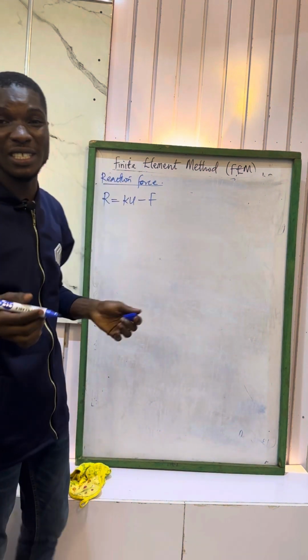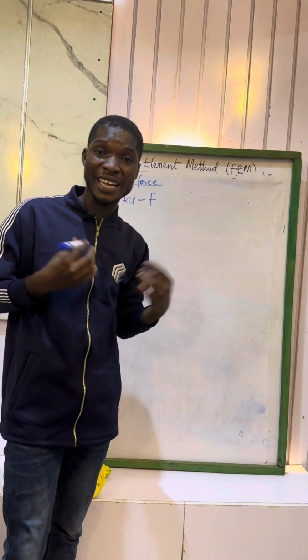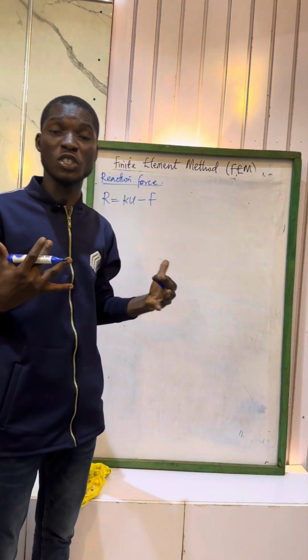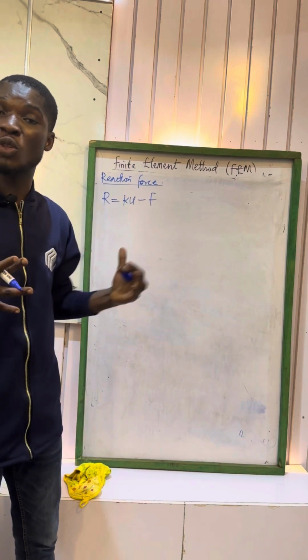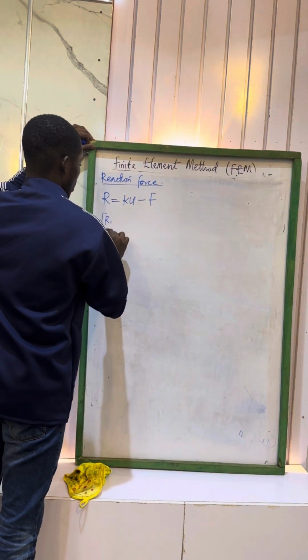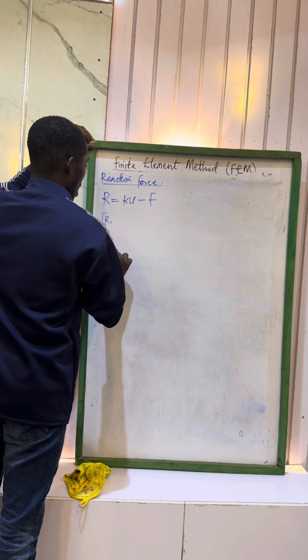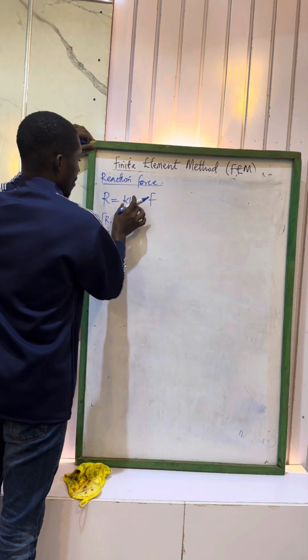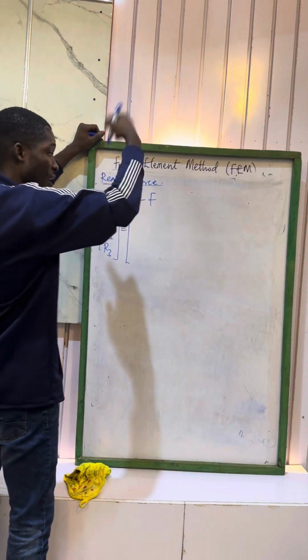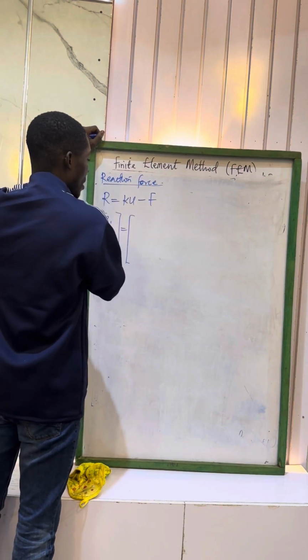You know, when you talk about force, force is a vector. It is not like a scalar object that you just give the magnitude. For force, you must represent it in a vector notation. So for R, we have R1, R2, R3. Then this one will be the same Kp. I told you something about Kp, that is the global stiffness.